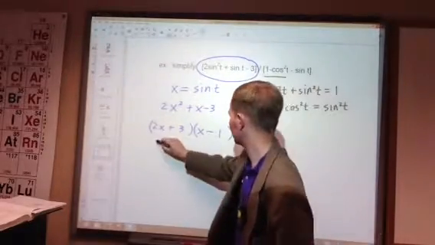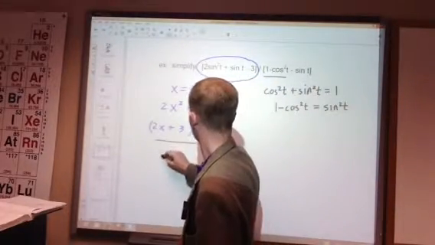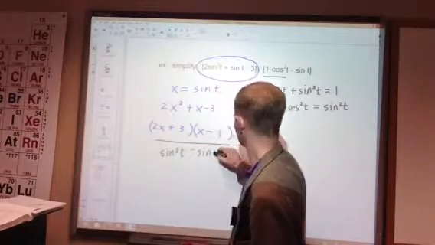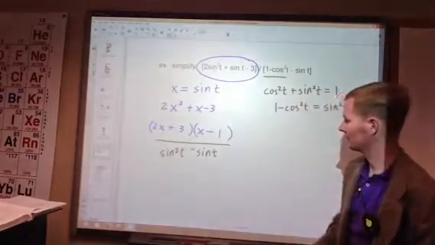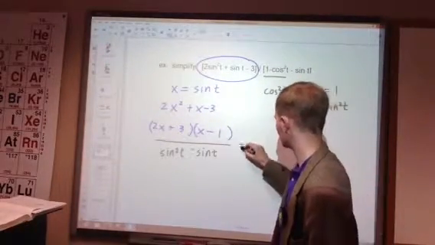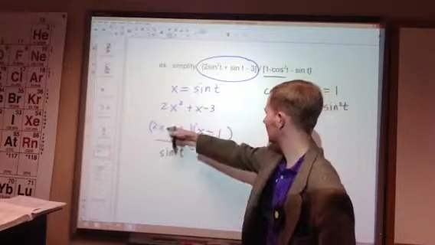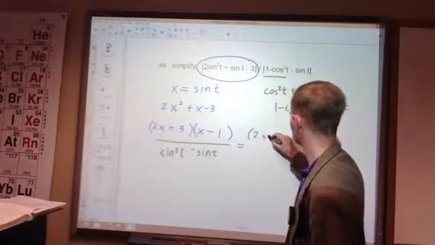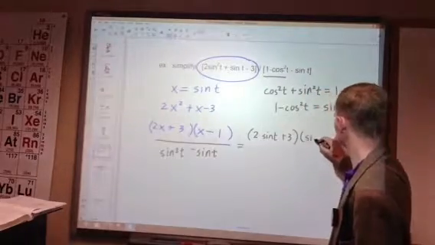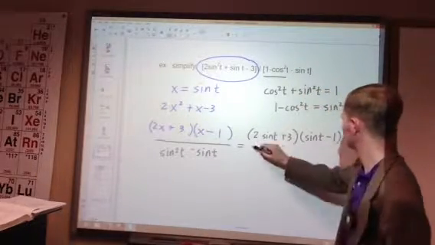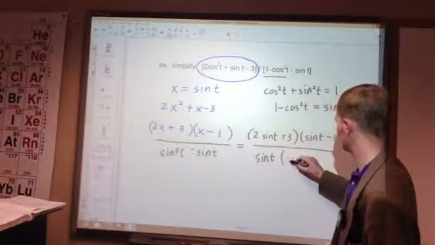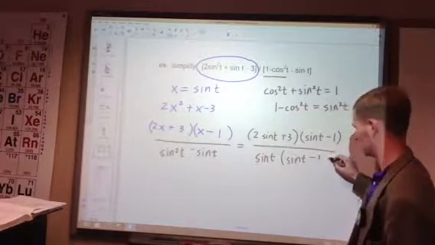So I'll have that over sine squared t minus sine of t. And what can I factor out of both of those? Sine of t. So let me reintroduce sine of t here. I'll have 2 sine t plus 3 times sine of t minus 1 divided by, let me factor out sine of t here, and I'll get sine of t minus 1.